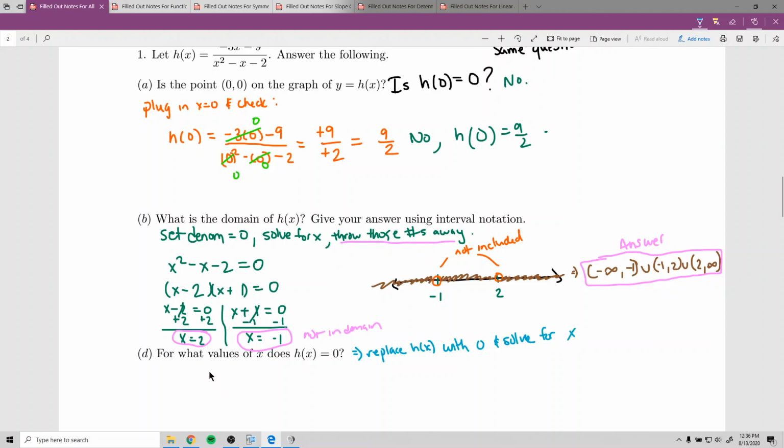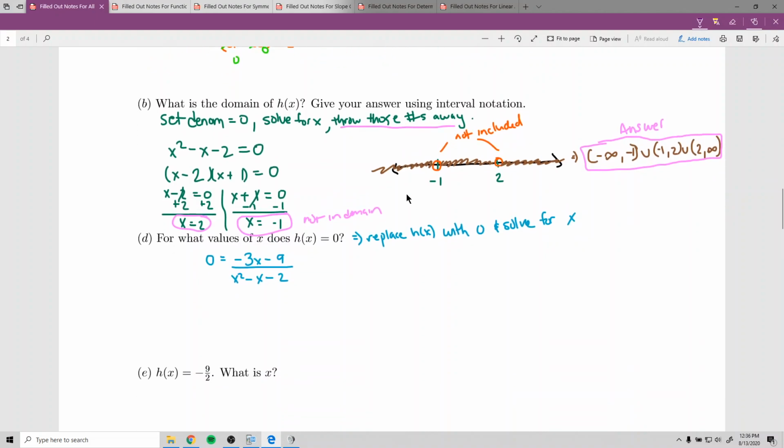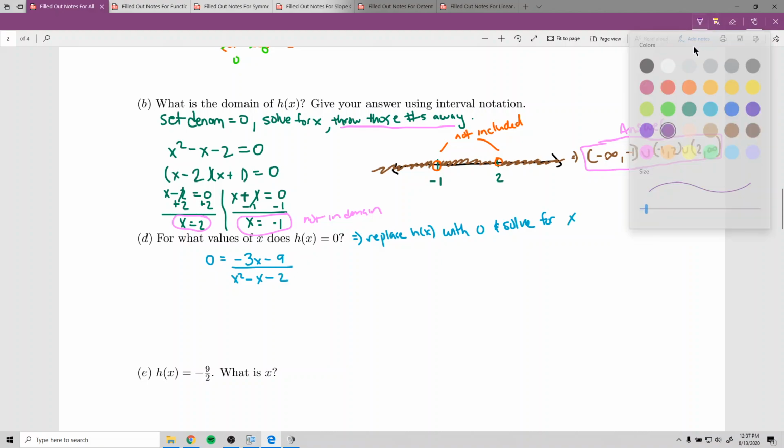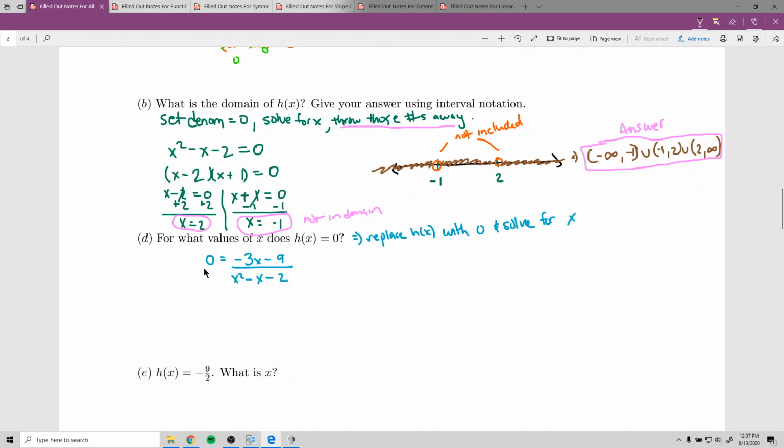So our function: 0 equals negative 3x minus 9 over x squared minus x minus 2. We've got this, and we want to solve for x. If we get rid of our denominator, which is always a good idea, it's actually even easier to think about 0 being 0 over 1, so you can cross multiply.